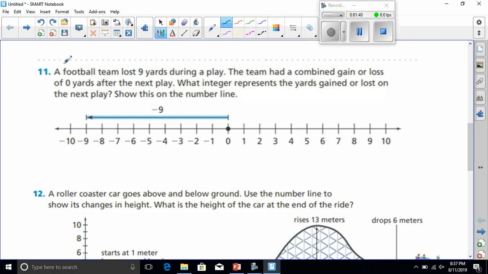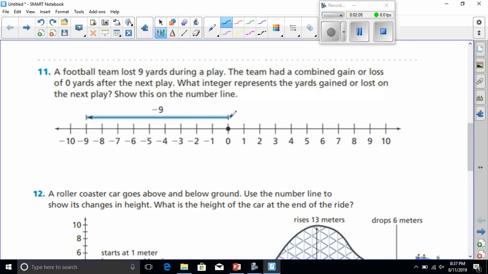Let's find out. A football team lost 9 yards during a play. That means they went back. The team had a combined gain or loss of 0 yards, which means they gained 9 yards back. What integer represents the yards gained or lost on the next play? Well, it says during that play was 9.